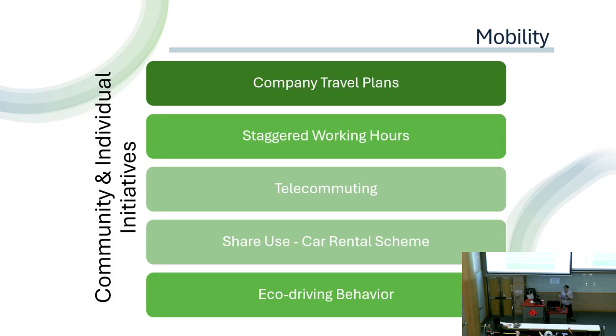For example, shared-use EcoDrive, when we can enable it with the e-mobility platform. However, telecommuting, staggered working hours, and company travel plans are more the soft side per business. But what we're trying to do with an urban master plan is to encourage these things.